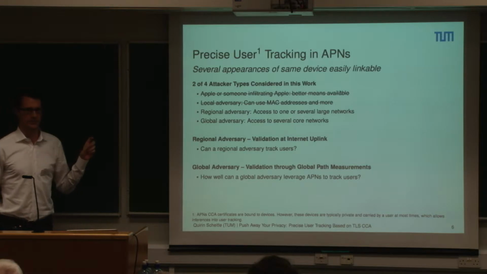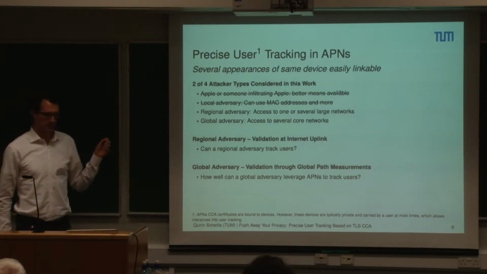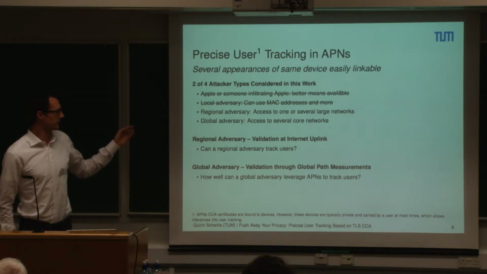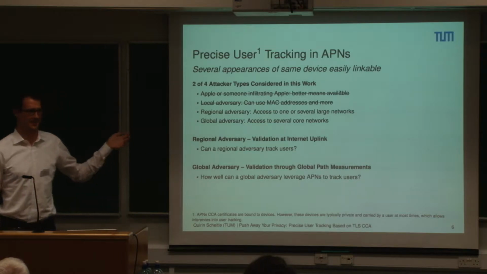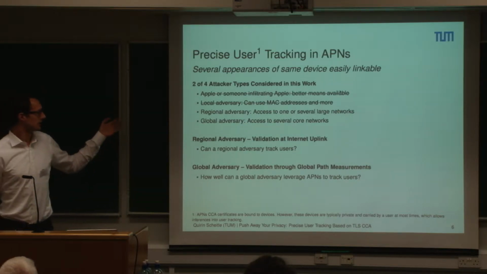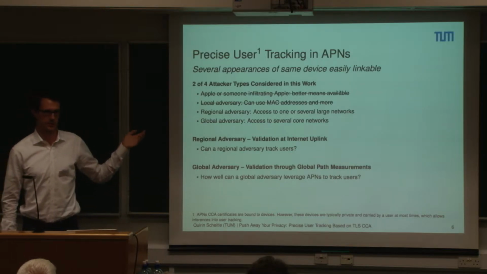Now if we look at this from a security perspective, 4 attacker models come to mind, but we only look at 2. Obviously if you're Apple or someone infiltrating Apple, you have better means to track all your users. Also, if you run a Wi-Fi hotspot, you can look at MAC addresses or other things.